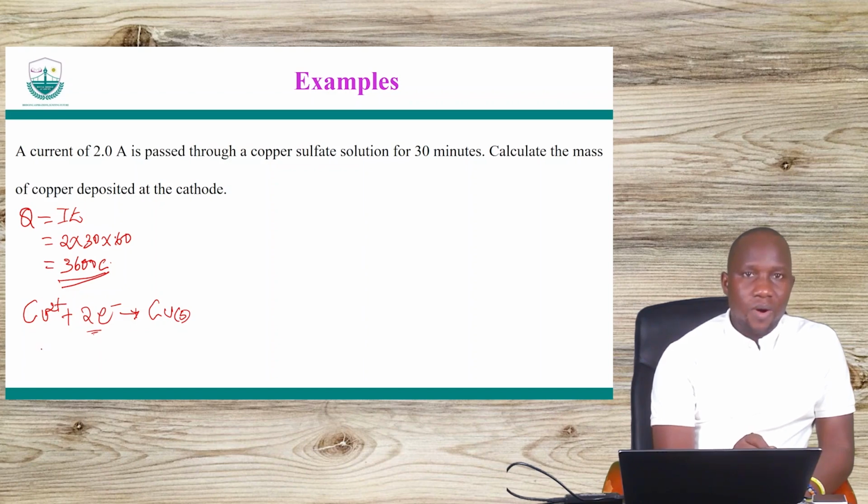So remember, 1 mole of electrons has a charge of 96,500. Okay, that is 1 mole, right? Now, what about when you have 2 moles?